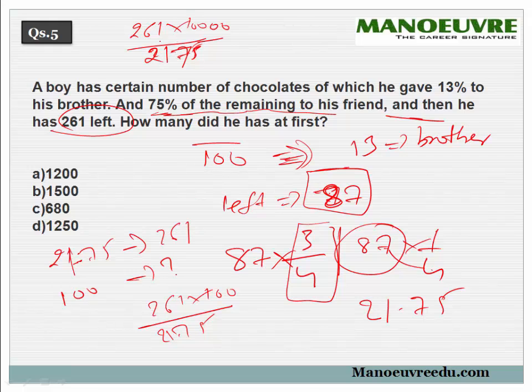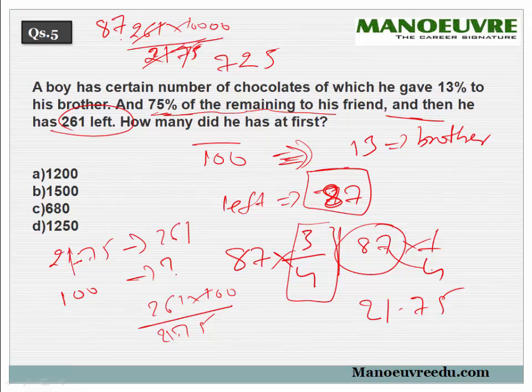Okay, now this is divisible by 3: 7 plus 5 is 12, 12 plus 1 is 13, plus 2 is 15. It is divisible by 3. So 3 8s are 24, 3 7s are 21, 3 2s are 6, 3 5s are 15.